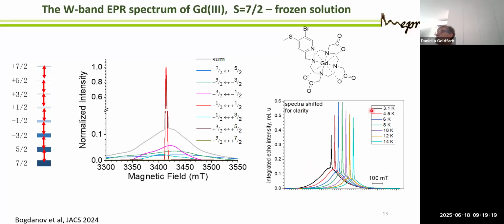If you look at 14 K, the central transition is very strong, so if you work here, it will really be like a spin half. But if you go down in temperature, all these other transitions start to contribute and this one gets smaller. This has some advantages, and I will talk about it later.